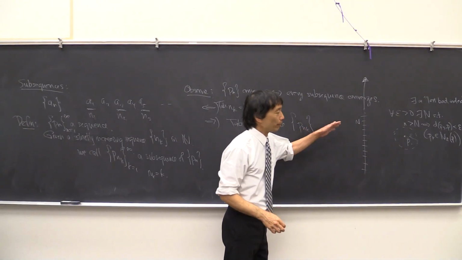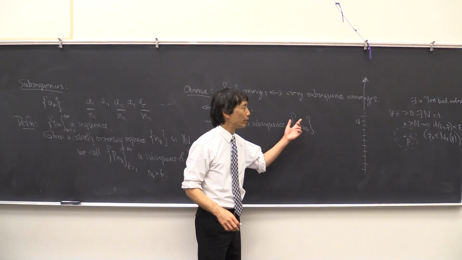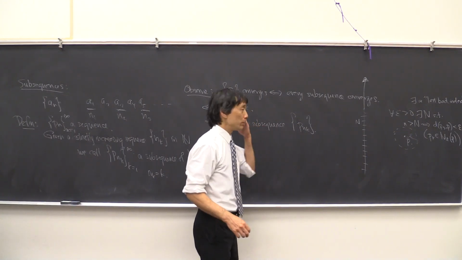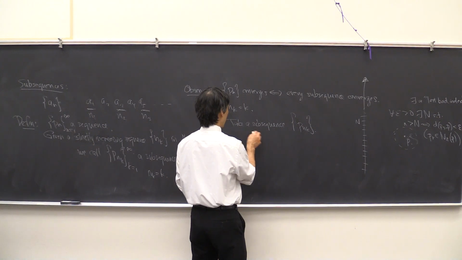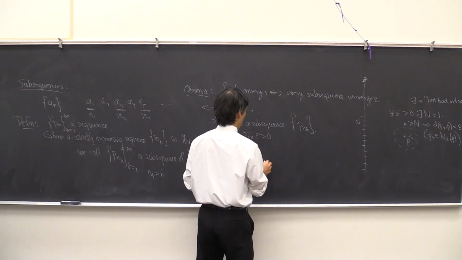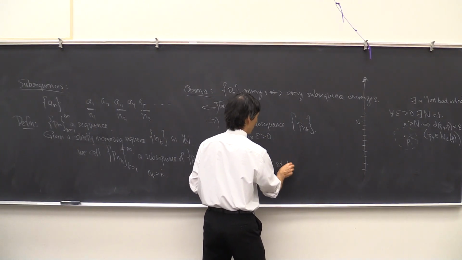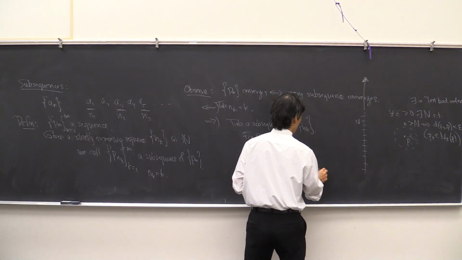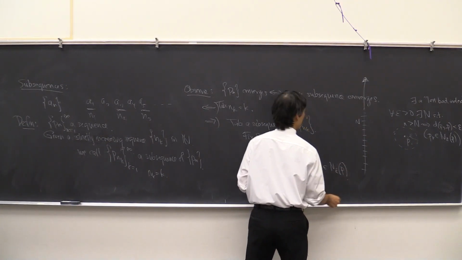So we know this for p sub n, and we're trying to show it for p sub n sub k. So how do we find the k? Fix epsilon. We want a capital K such that when you're past capital K, p sub n sub k lies in the epsilon neighborhood of p.